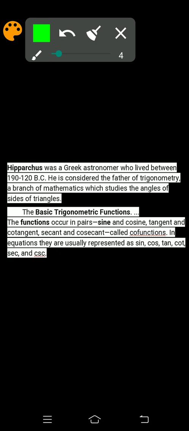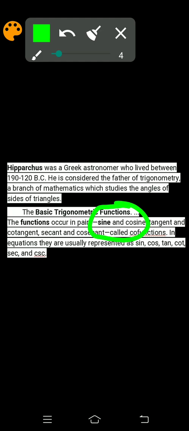There are especially six trigonometric functions, and they occur in pairs actually. Sine and cosine appear together, tangent and cotangent are another pair, and secant and cosecant are the third pair. So these are the six trigonometric functions.